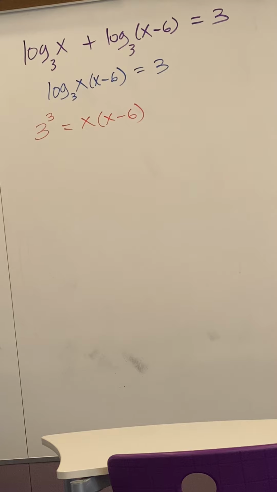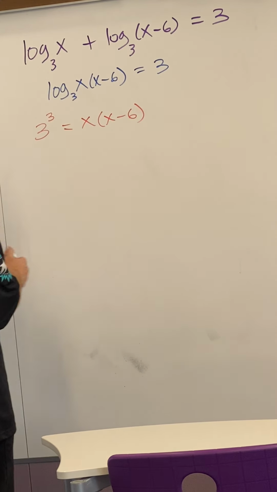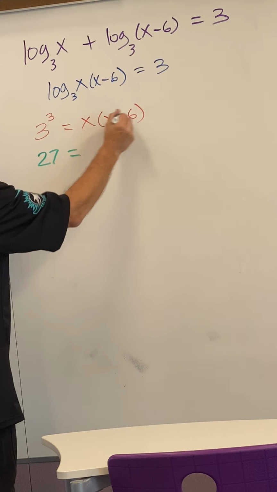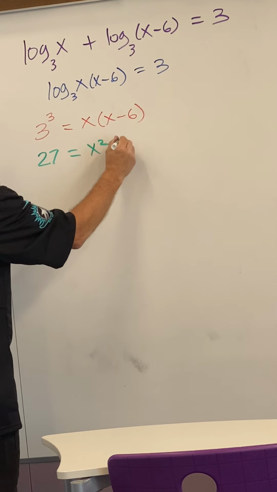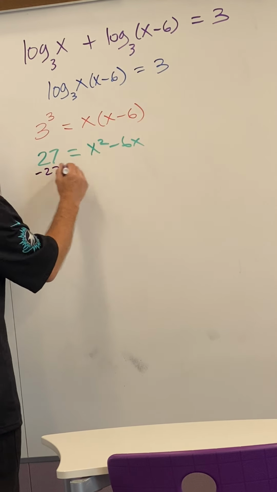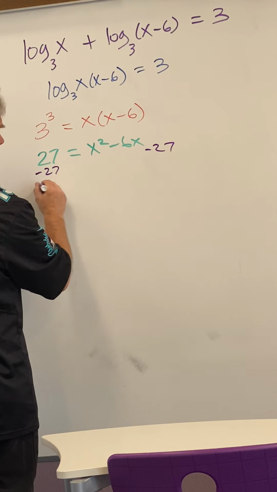You convert it. Now, 3 to the 3, hopefully you know, is 27. You should know that. 27 equals, if I distribute the x, x squared minus 6x. Now, that is a second degree equation, a quadratic equation, right? You can solve this by factoring, the quadratic formula, or even completing the square.